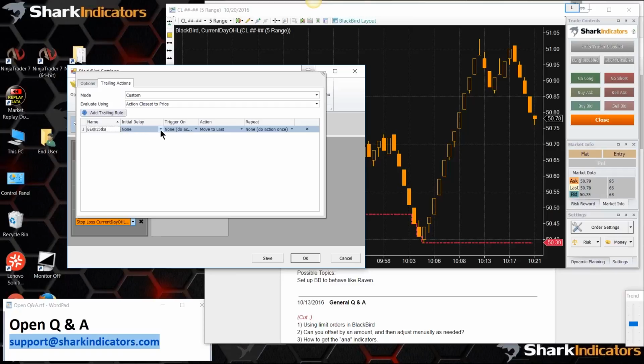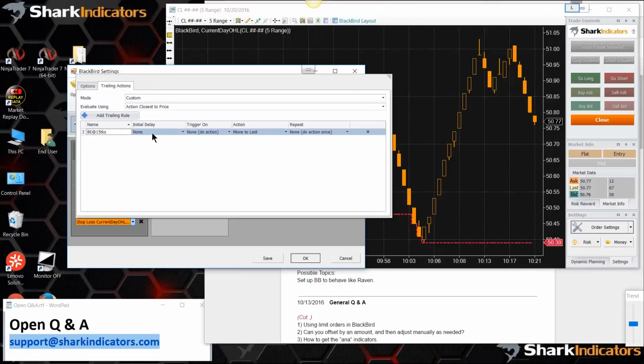The simple way to do this is we'll use an initial delay of 15 ticks. So we're going to wait for 15 ticks in profit, or in the direction of the trade.